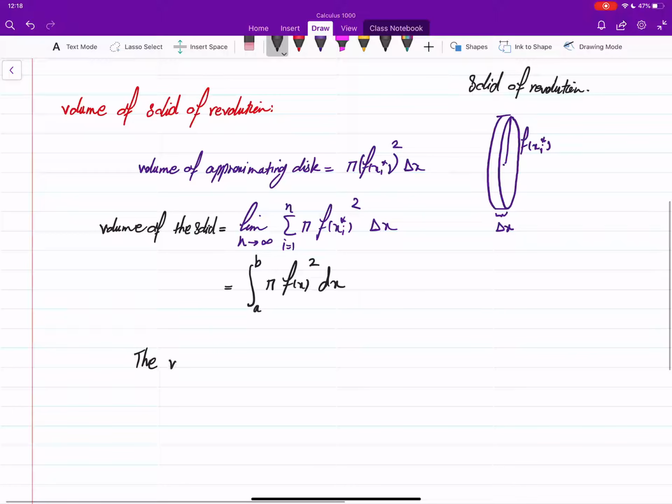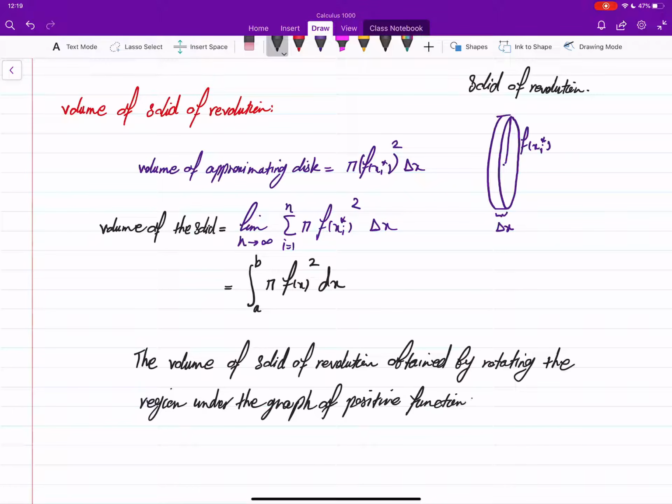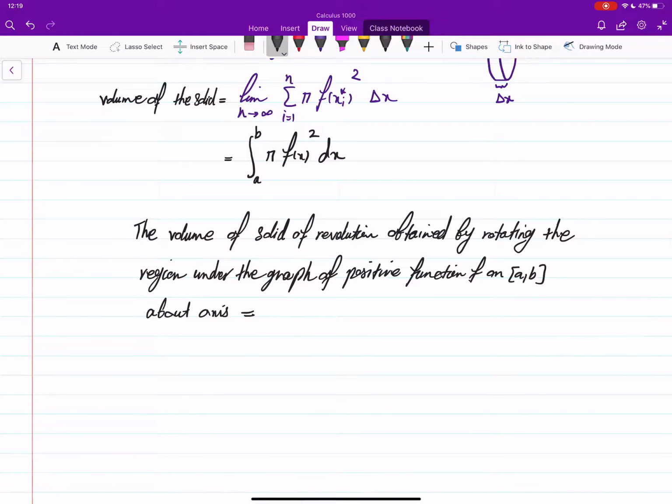So the volume of the solid of revolution obtained by rotating the region under the graph of a positive function f on the interval a, b about the x-axis is given by the integral from a to b of pi f(x) squared dx.